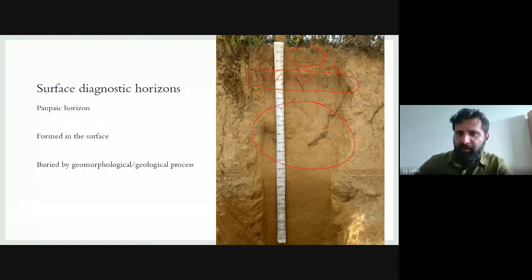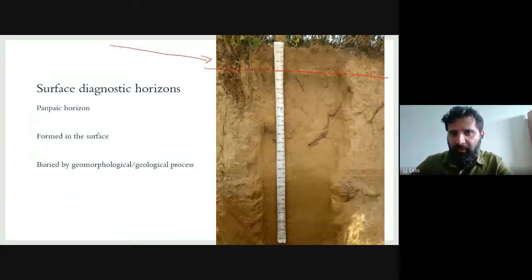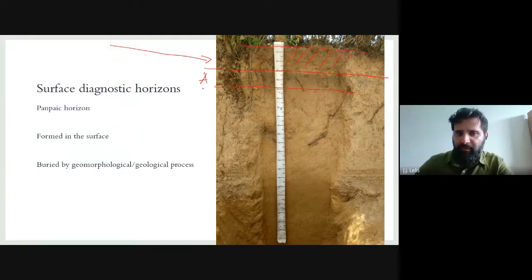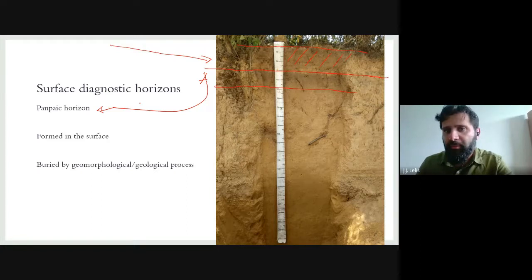So it shows us that in the past the soil surface was here, and something happened, an erosional process brought this material, and all this material is now overlaying an ancient A horizon. And this A horizon is a Pompeiic horizon. So it's only formed by a burial process.